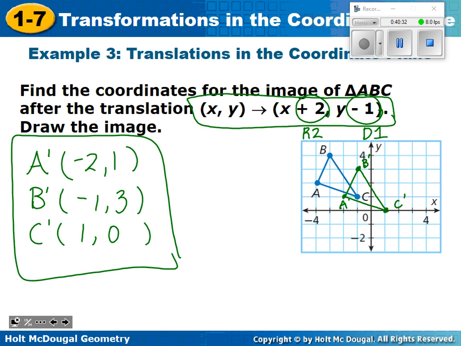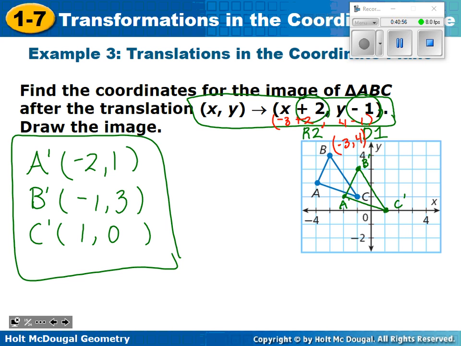Okay, the other way you could do it, if you prefer, is you could go through and list the coordinates of your pre-images. So for example, let's say point B here is at negative 3 and positive 4. Then you could plug those values into this formula. Negative 3 plus 2, comma, 4 minus 1.